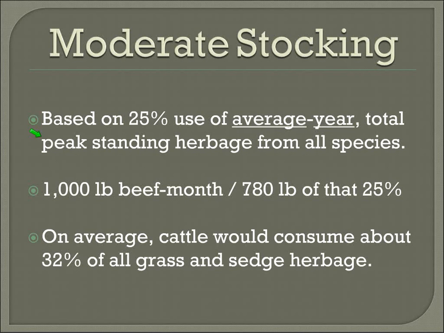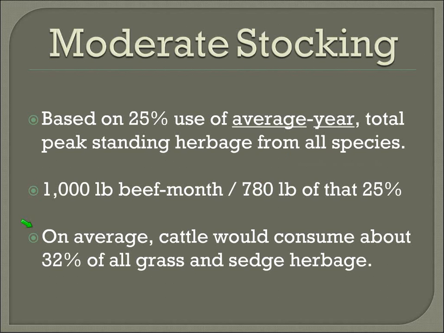If you have that number, then you can estimate your stocking rate in terms of animal unit months. You would have 1,000 pound beef month, or an animal unit month of grazing, for every 780 pounds within that 25% of peak standing herbage.